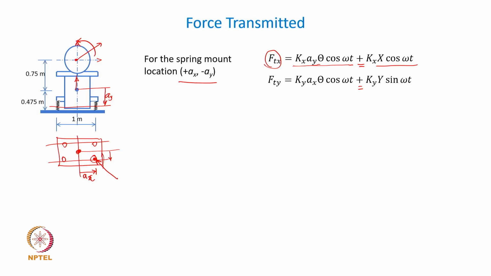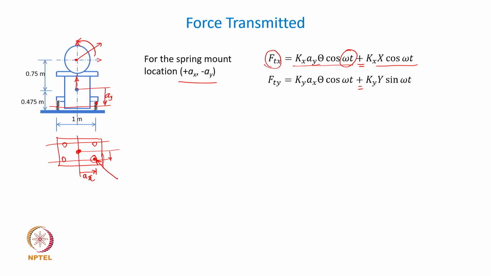Now, having obtained this Ftx and Fty, that is the force transmitted through the spring to the ground, they will be dependent on the speed of rotation of the motor. So, it is going to be time dependent force in x and y direction, all right.